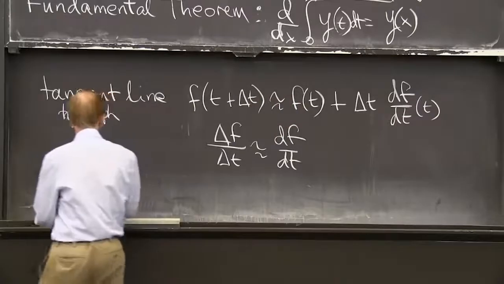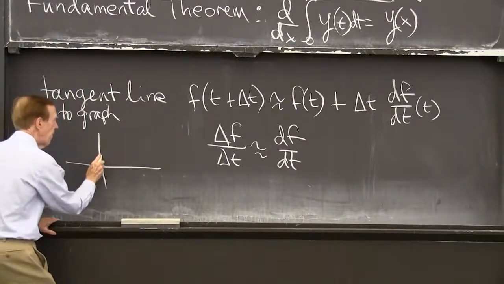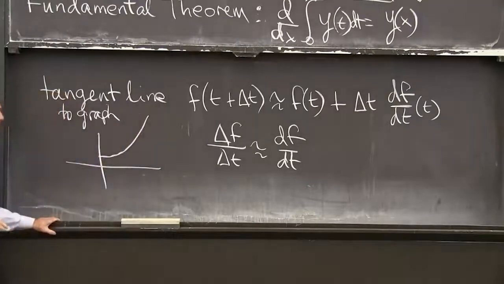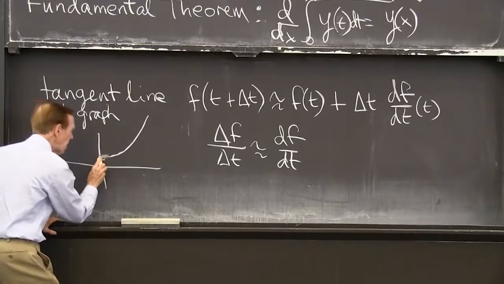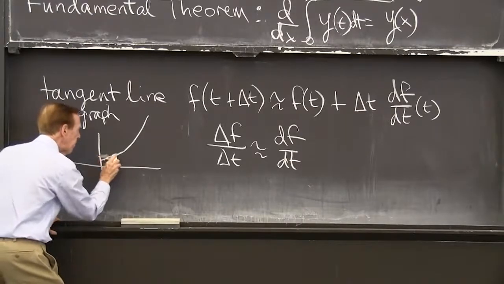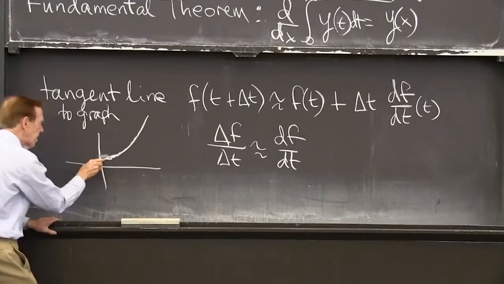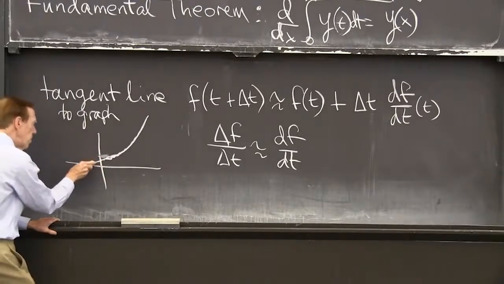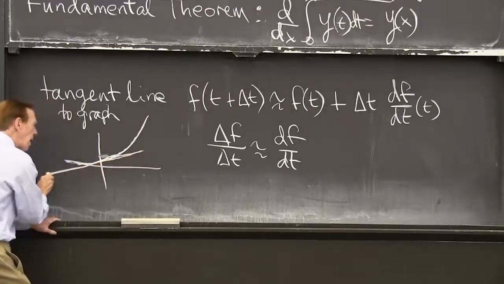So I'm drawing a picture here. Let me draw a graph of, oh, there's the graph of e to the t. It starts up with slope 1. Let me give it a little slope here. Okay, the tangent line, and of course it comes down here. So not below. So the tangent line is that line.